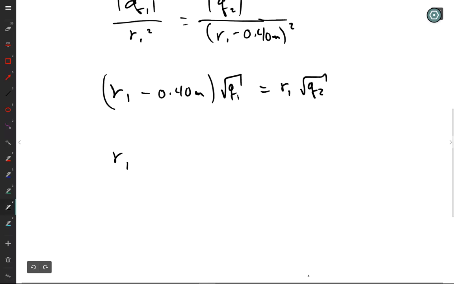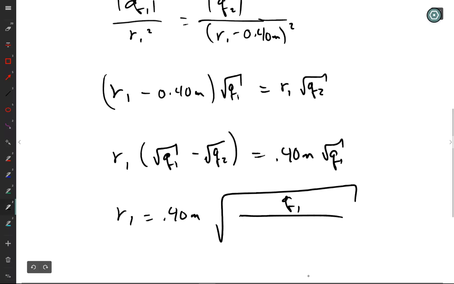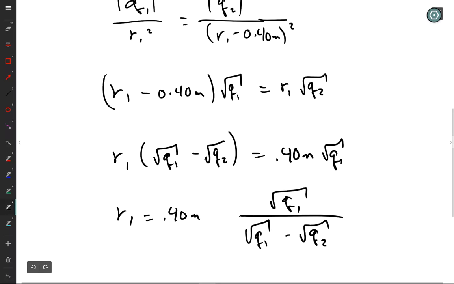So I would have R1 times square root of Q1 minus square root of Q2 equals 0.40 meters square root of Q1. And so that gives us what the radius is going to be where you have 0 for the electric field.